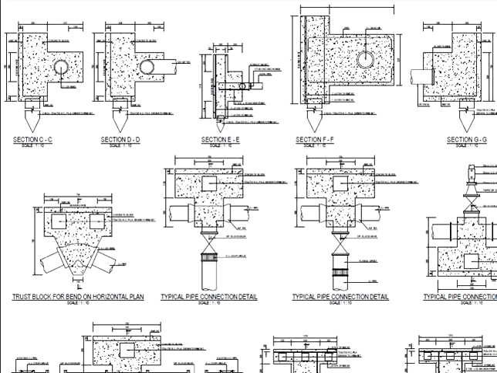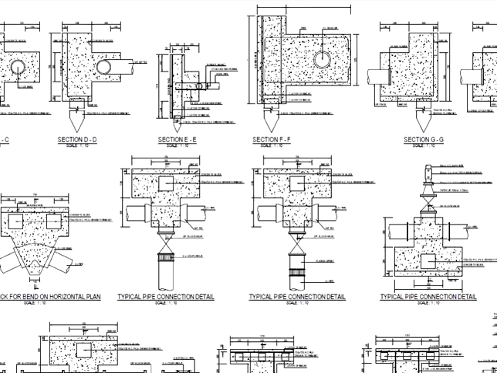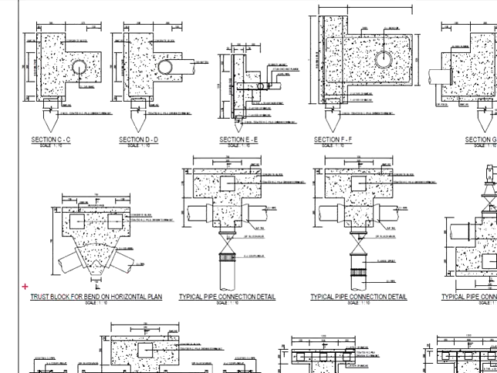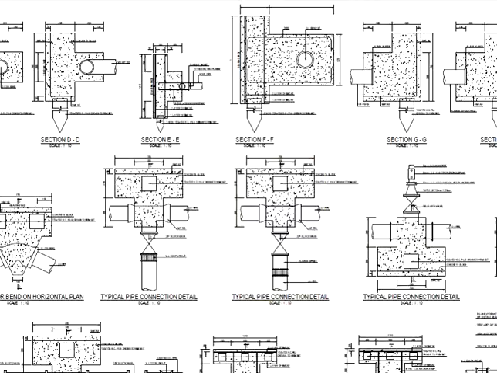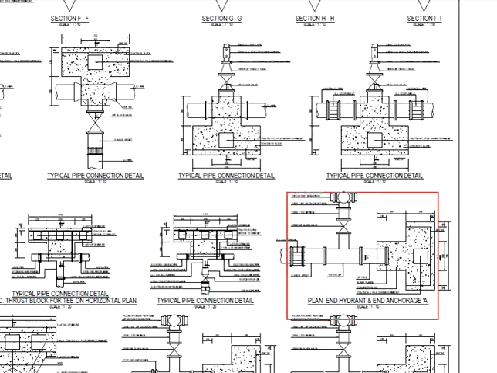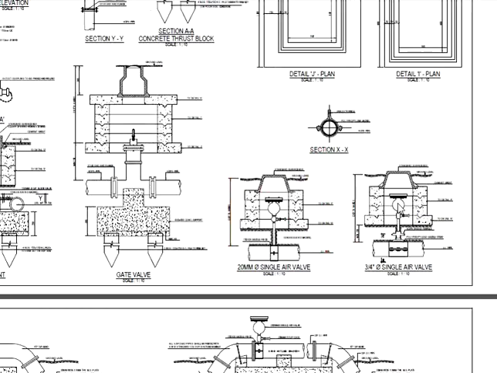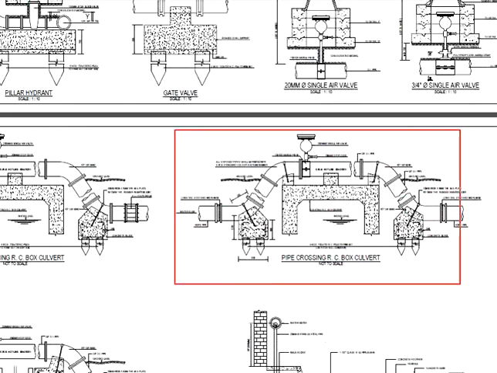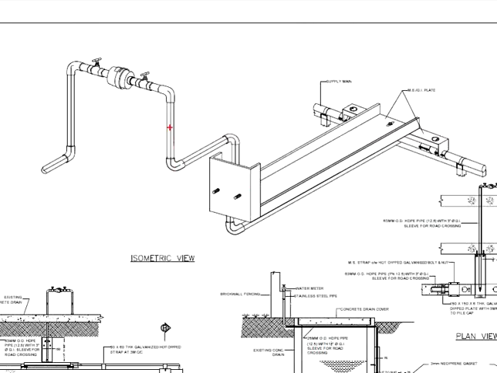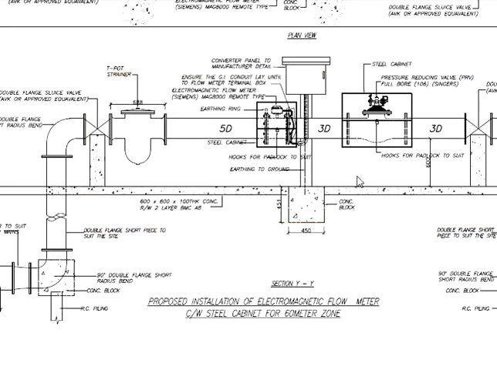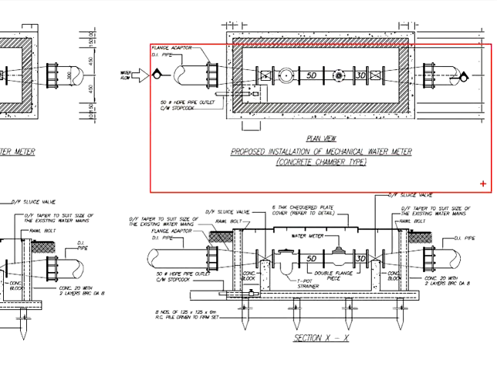Other than that, you will need to provide the details of the components in the water reticulation system, such as the thrust block for bend, pipe connections, the end hydrant and end anchorage, pillar hydrant, air valve, pipe crossing for RC culvert, communications pipe, flow meters, and others.